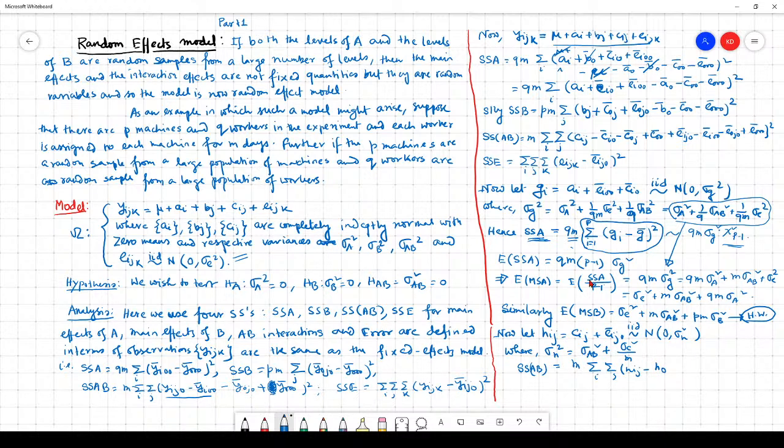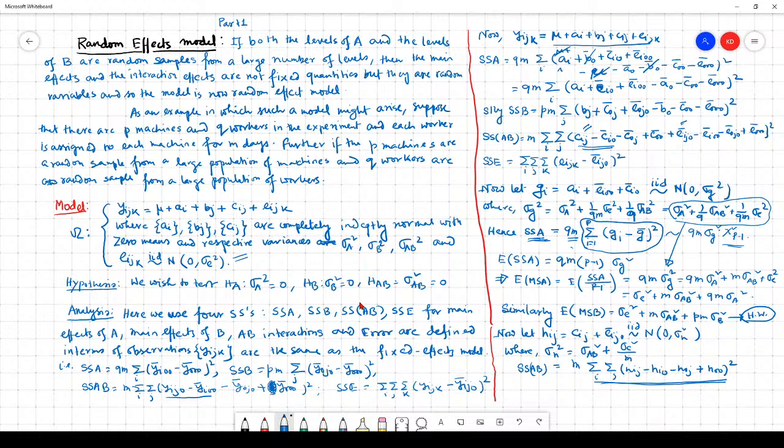Because this is Cij plus Eij. So if you look at these portions, they look like SSC, the sum of squares due to error for a two-way ANOVA with one observation per cell.